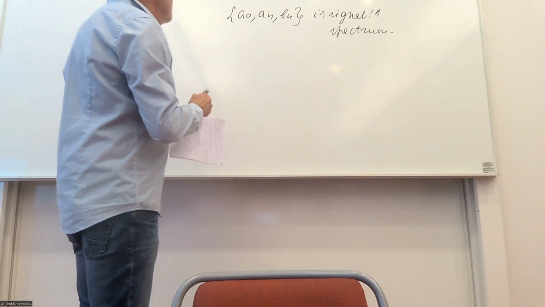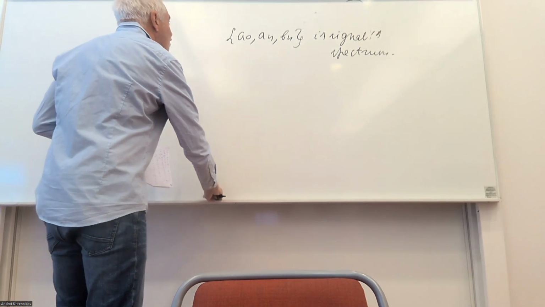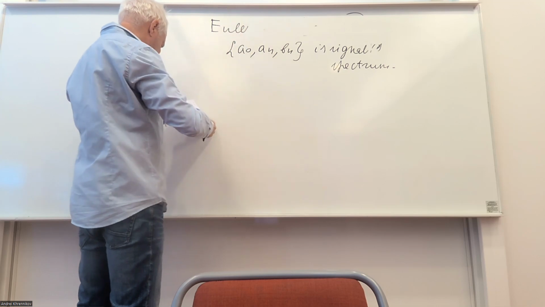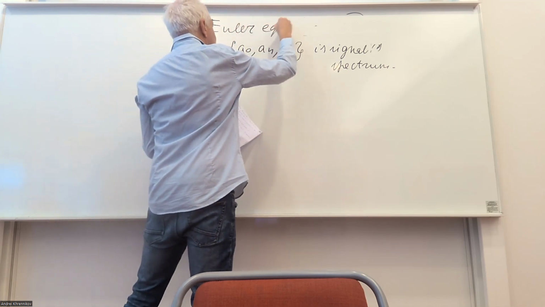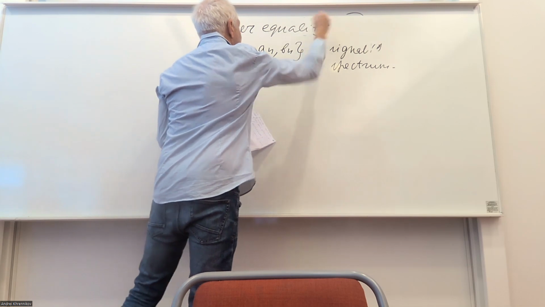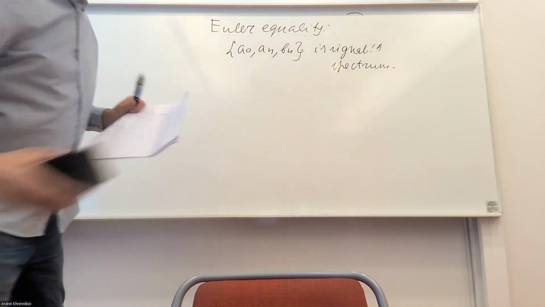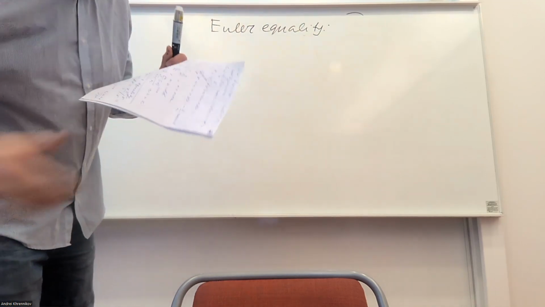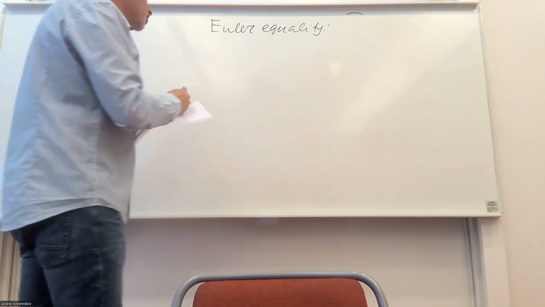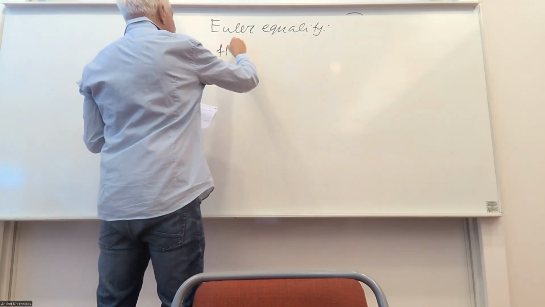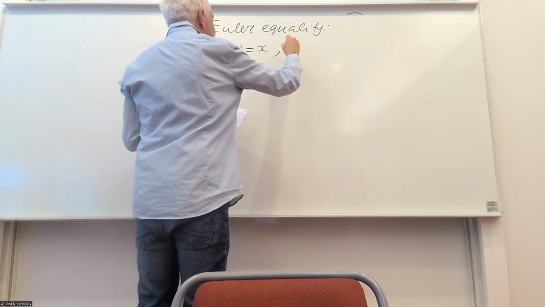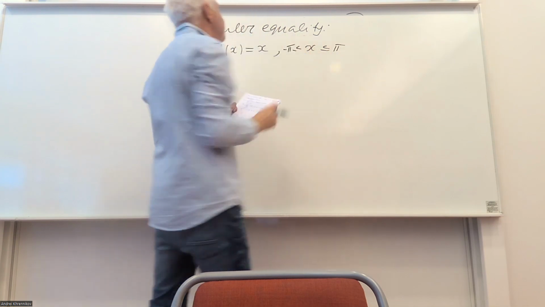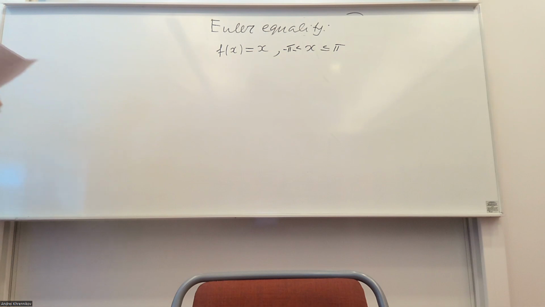We write the title. Euler equality. But for the moment, we don't think about the Euler equality, and we want to solve the simplest problem. We have the function f(x), which is just x, on the segment minus pi to pi. And we want to expand this function into a Fourier series.